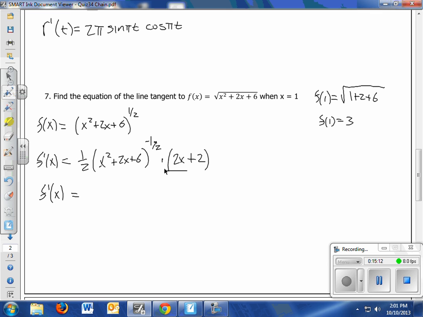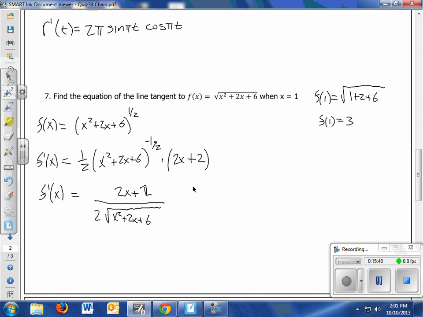This 2x plus 2 would be up in the numerator because it's like 2x plus 2 over 1. So I have in the numerator 2x plus 2, and in the denominator I'll have 2 times the square root, because that's what the 1/2 power is, of x squared plus 2x plus 6. It's supposed to be a 2 right here.